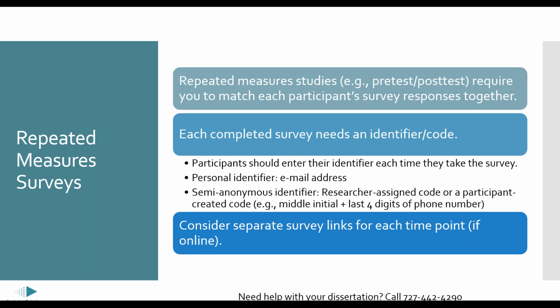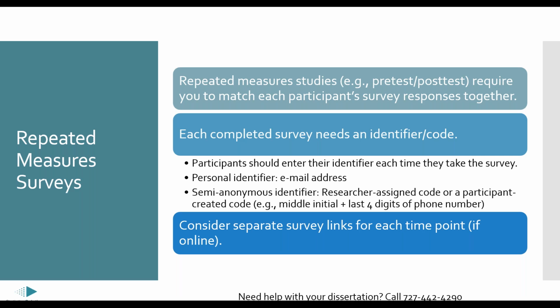So it may be preferable, if you want to keep the survey responses anonymous, to use a different type of identifier, like a completely anonymous or a semi-anonymous identifier, such as a researcher assigned code or a participant created code.